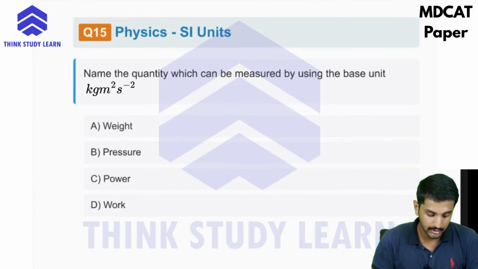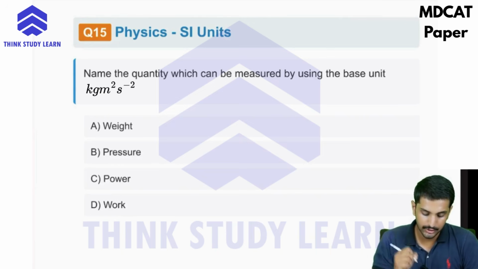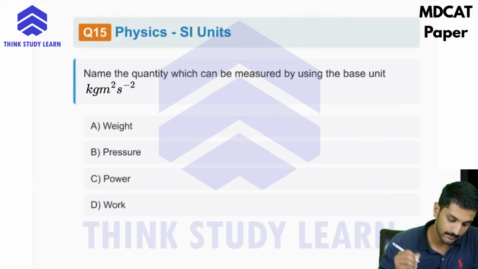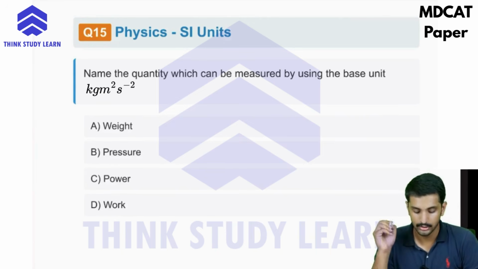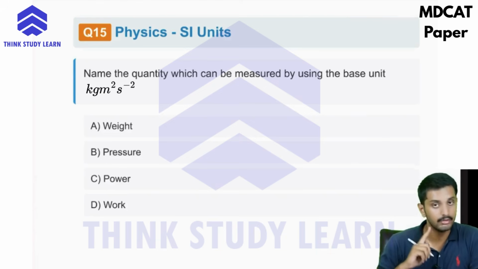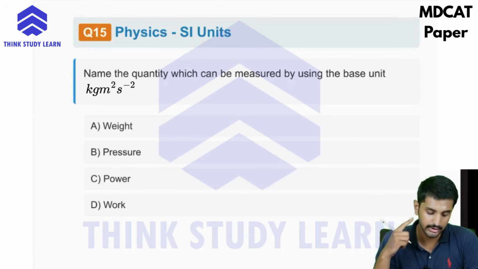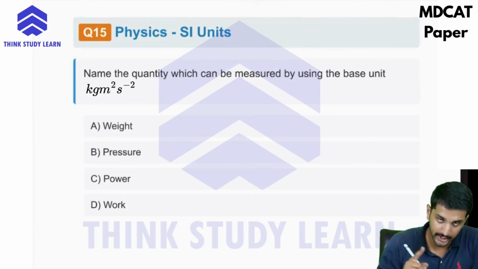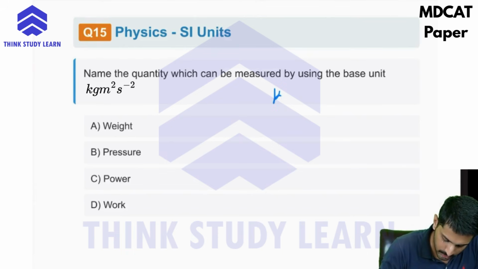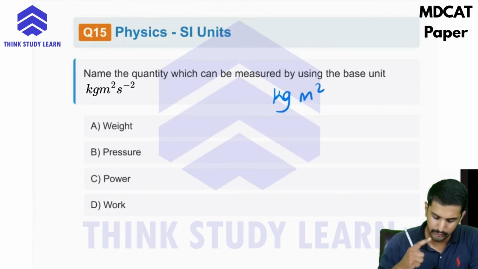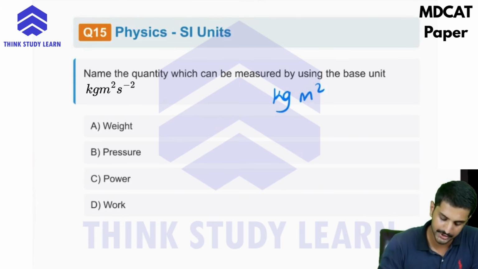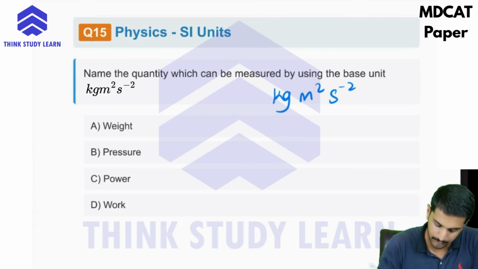Question number 15. Name the quantity which can be measured by using the base unit kilograms meter square over second square. So the key to solving these kind of questions, the basic base unit questions, is to write it down. So we'll write it like this: kilograms meter square, and we'll move the second square to the numerator, so it would be second to the power minus 2.